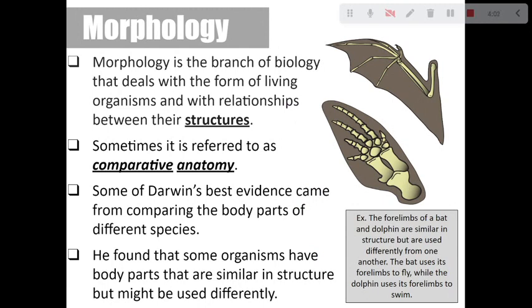He found that some organisms have body parts that are similar in structure but might be used differently. An example of this is found in the forelimbs of a bat and dolphin. They are similar in structure but are used differently from one another. The bat uses its forelimbs to fly, while a dolphin will use its forelimbs to swim.